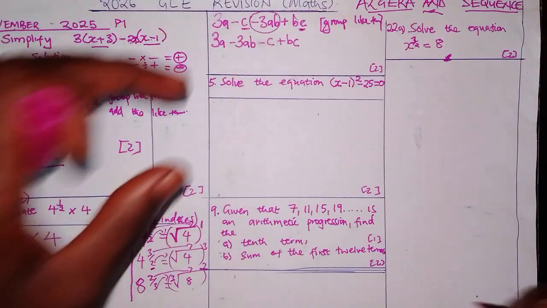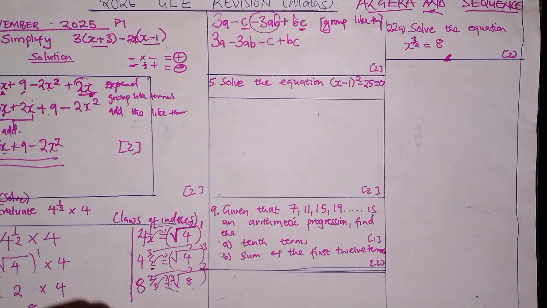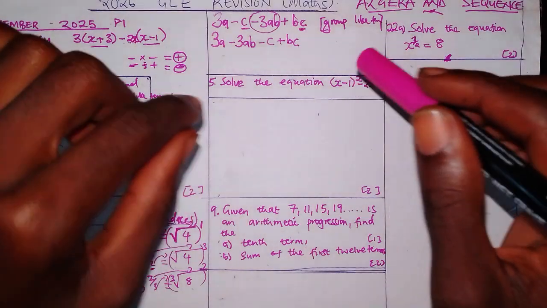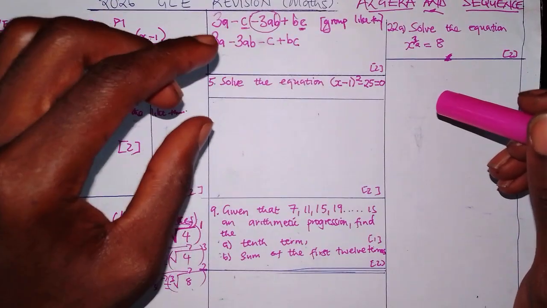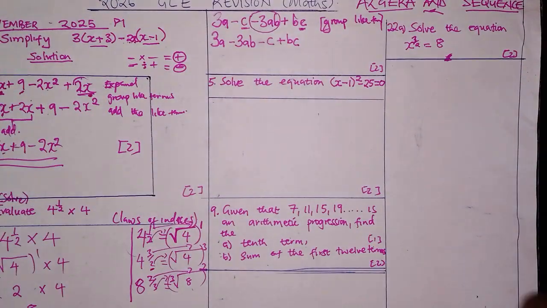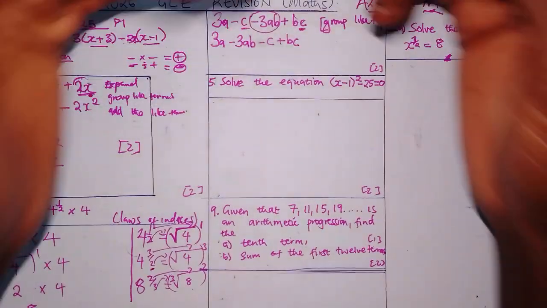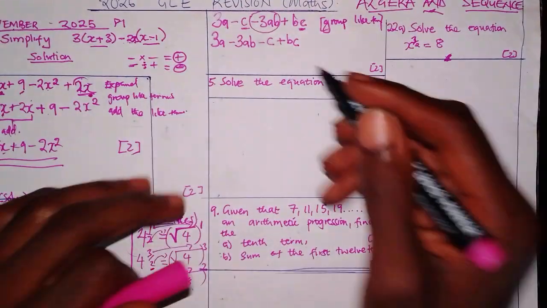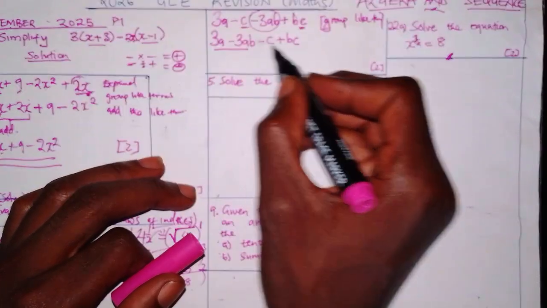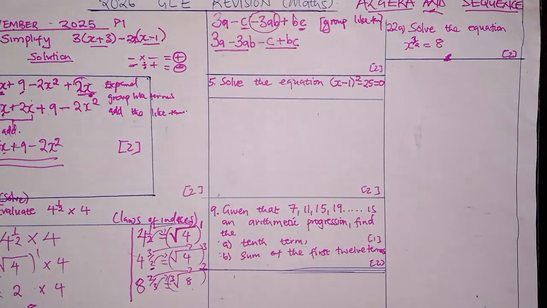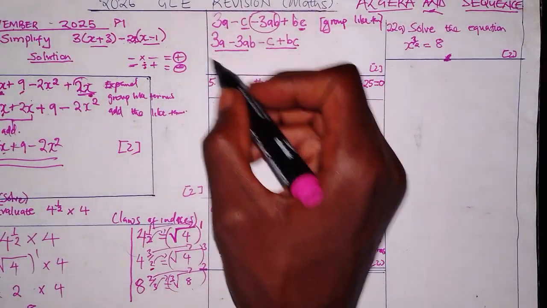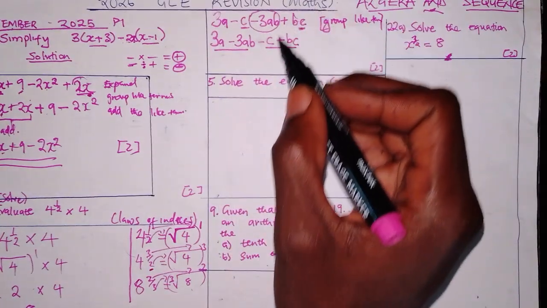Now here is where the word factorize is used. Now you can remove what is common, because here we didn't have what was common, but now we have what is common here and here also. What is common here is 3a.